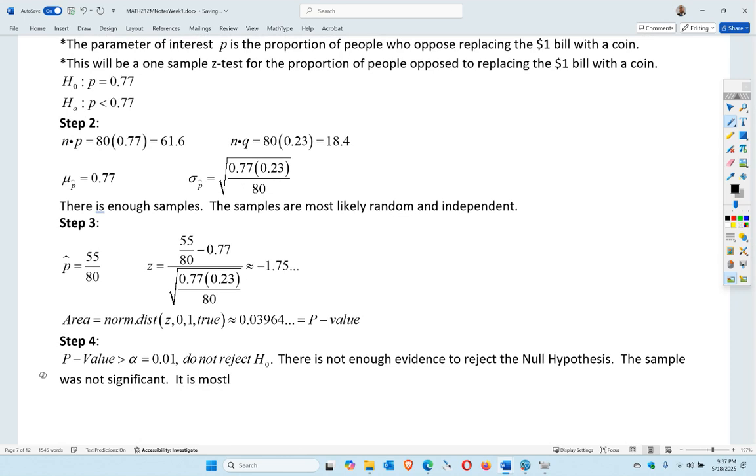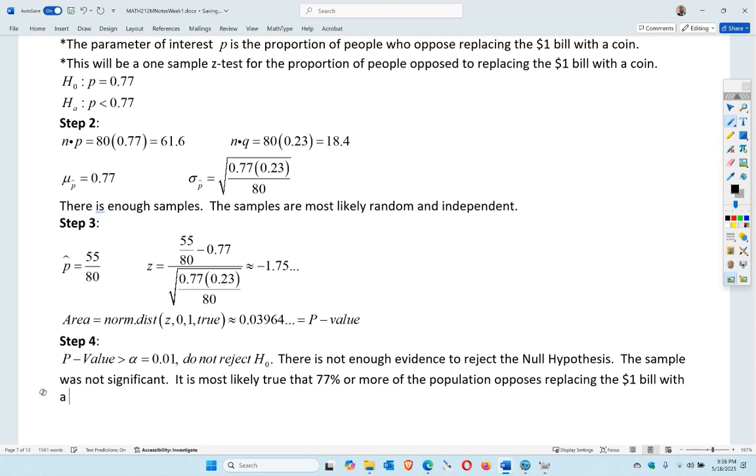it is most likely true that 77% or more of the population opposes replacing the $1 bill with a coin.